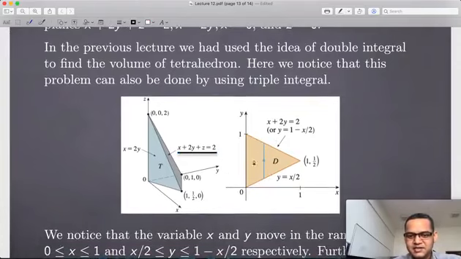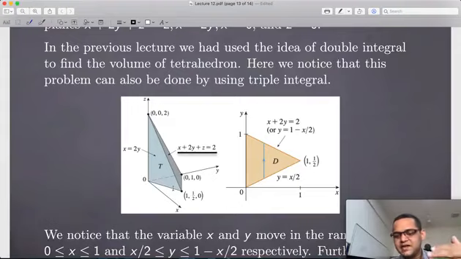So the integral in xy, and an integral in z, and you see this is precisely the situation which Fubini's theorem allows for triple integrals, that z is varying between two surfaces. Here the surfaces are planes. Okay, they can be complicated surfaces also.